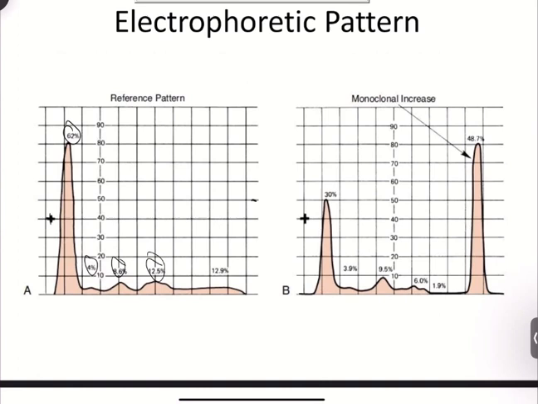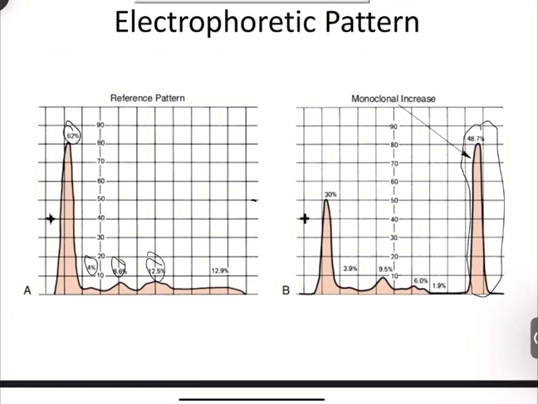So you have monoclonal electrophoretic patterns that can be associated with diseases. This can be used in testing or identification of diseases. For example, this one, highest in the last band, predicts a monoclonal increase.